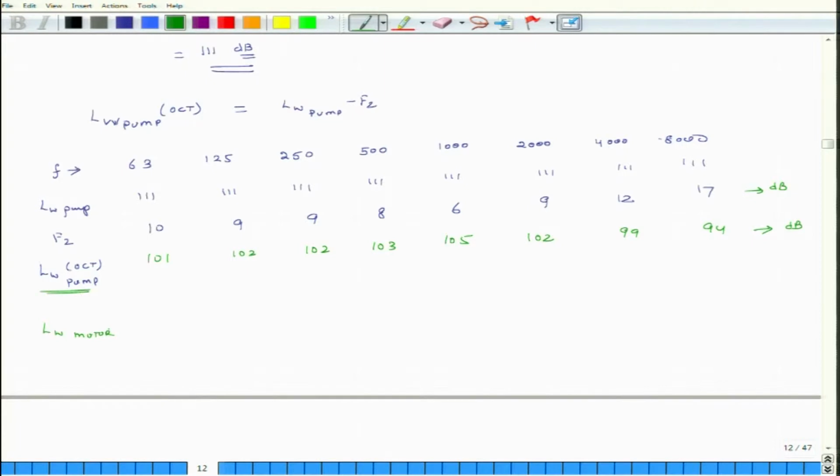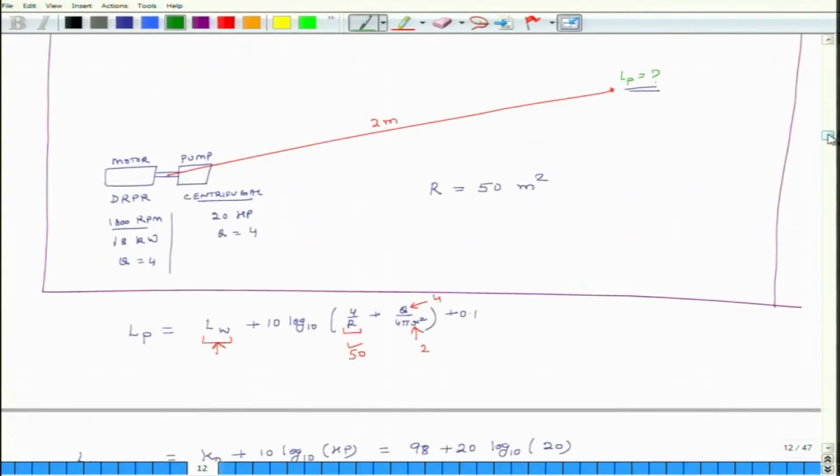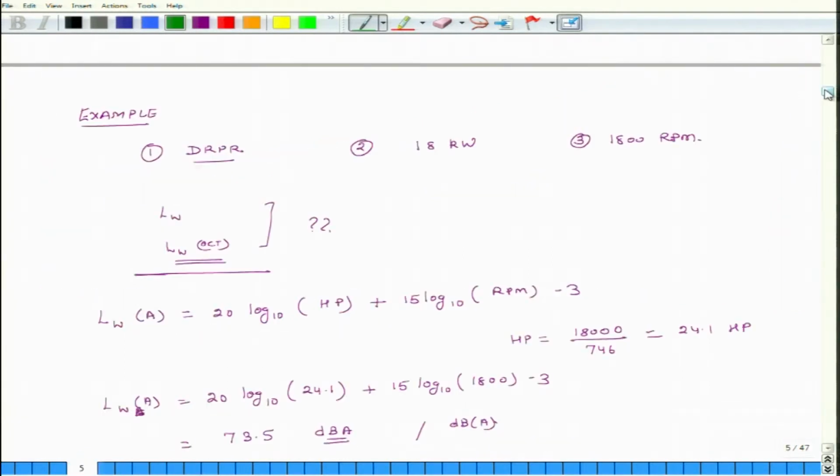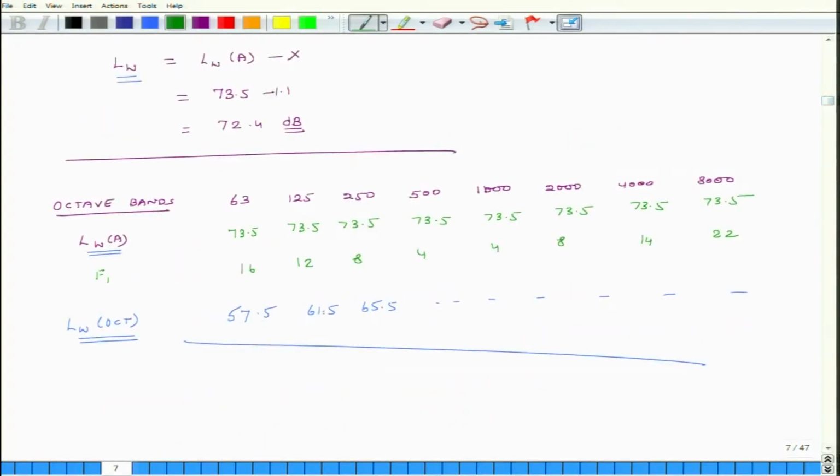and we have actually already done that because I have deliberately chosen the specifications of the motor in such a way which are same as the motor which we had solved earlier. If you look at all the specifications, 18 kilowatts, 1800 RPM, it is exactly the same motor. So I have also calculated LW oct for these.